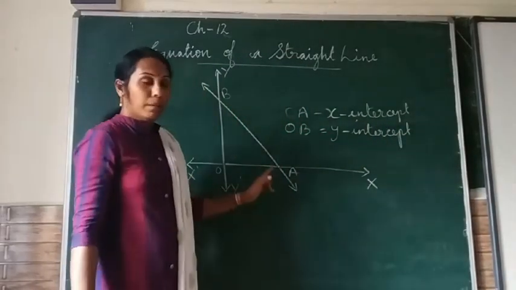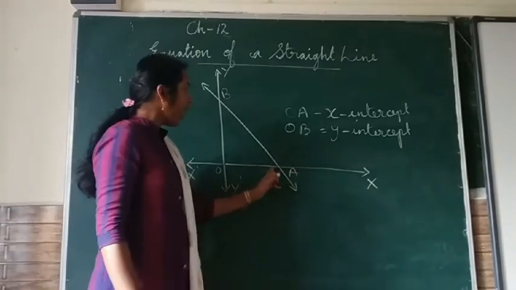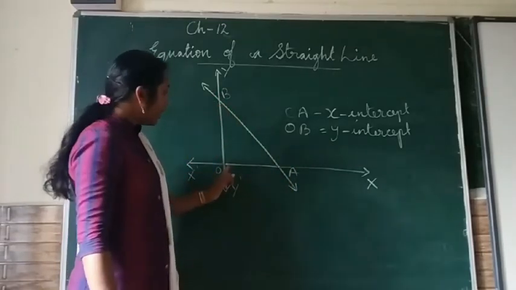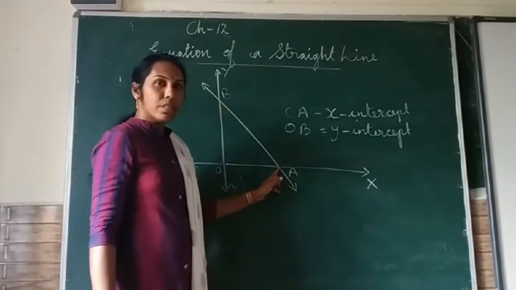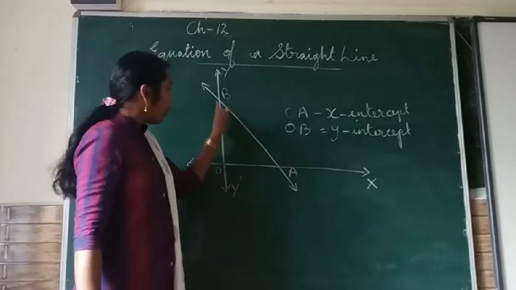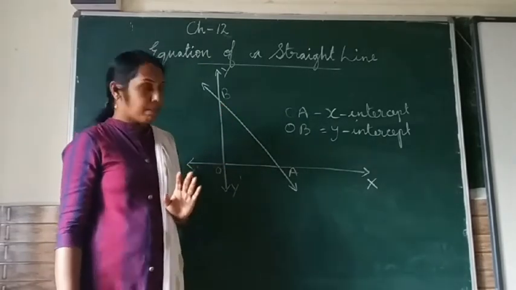The straight line meets x-axis at A and y-axis at B. The distance OA is the x-intercept and OB is the y-intercept.